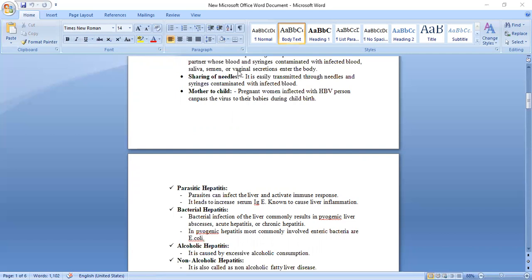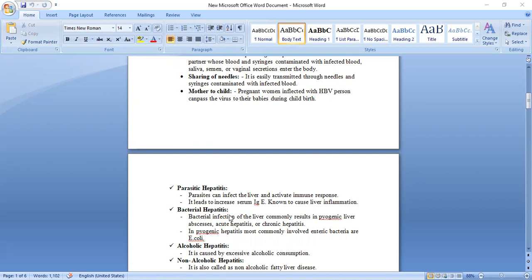See, this A and E are similar, B, C, D are similar, and the next one, the etiology, is also different. Parasitic hepatitis is caused due to infection of the liver. It activates the immune response, mainly serum immunoglobulin E, and that causes the liver inflammation. This is the main root cause.